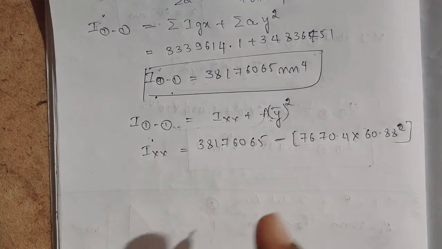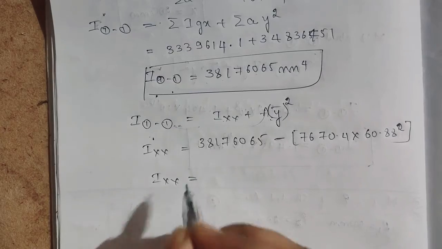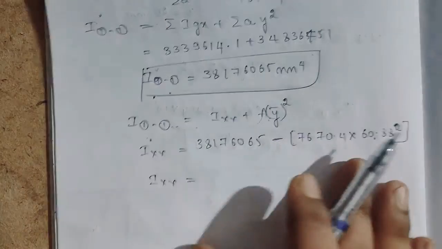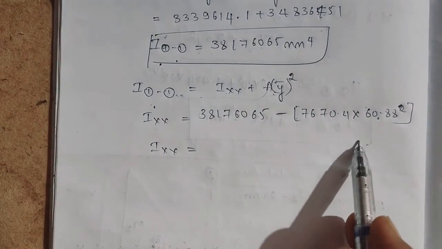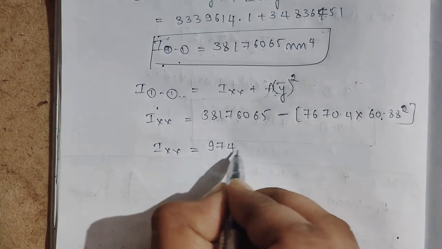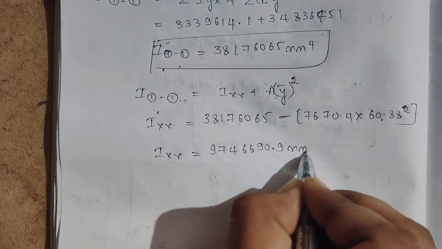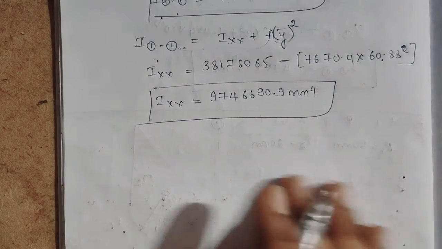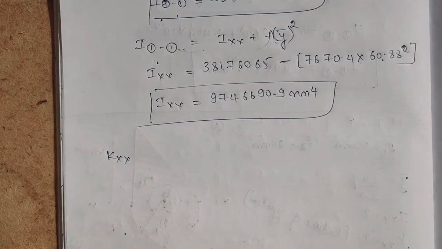Okay, so then what I'll get, Ixx is equal to, this is the value of y bar, which I got as 60.88. So Ixx will be 9746690.9 mm to the power of 4. Okay, then I need to find the radius of gyration kxx.